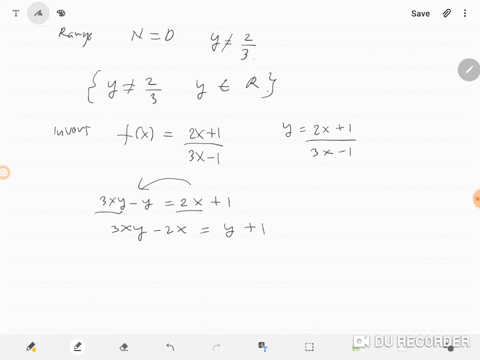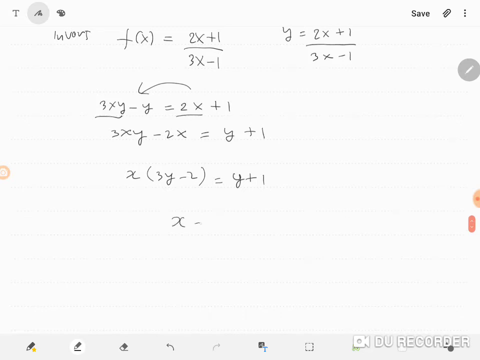And then you take out x because we're looking for x, only the subject. So you have x multiplied by 3y minus 2 equals y plus 1. And then x equals y plus 1 over 3y minus 2.